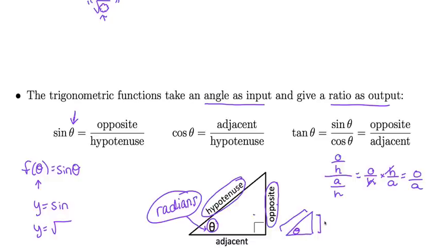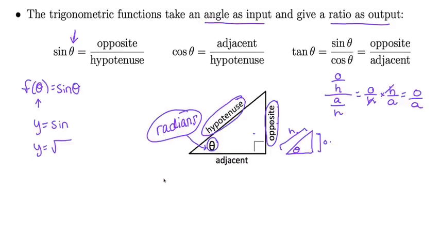So the opposite over hypotenuse in this triangle is exactly the same as the opposite divided by hypotenuse in this one. That fraction is going to be the same. Like maybe this is 3 and 5 and this is 30 and 50, and when you reduce it down, you get 3 over 5. So you should rest assured that the sine, cos, and tan functions are all well defined. You're not going to get different answers depending on which triangle you draw.